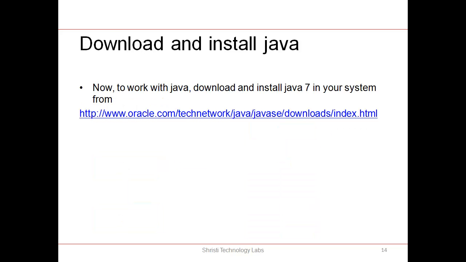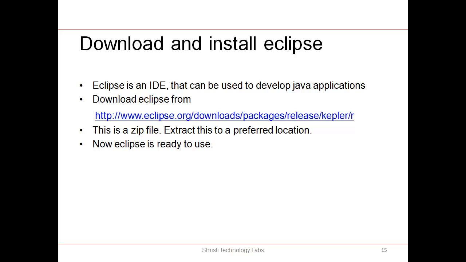Now we have seen all the concepts of object orientation. Let me now show you how to download and install Java. To work with Java, you go to this particular link and download Java 7. Once it is done, the next step is to download and install Eclipse. What is Eclipse?